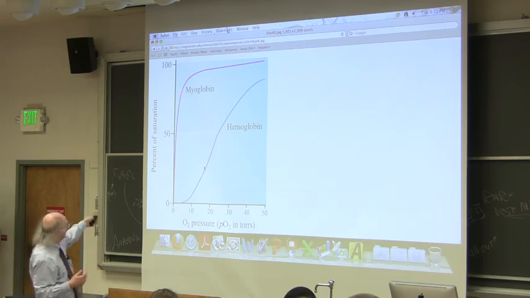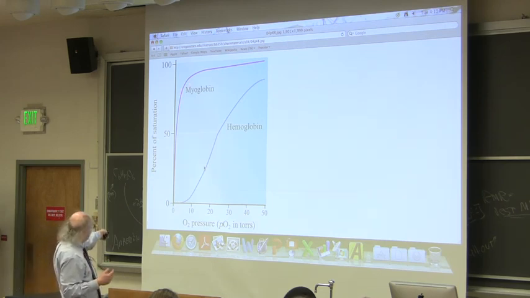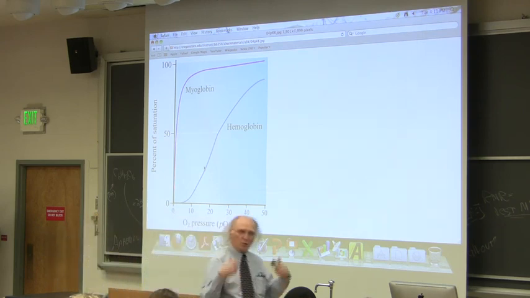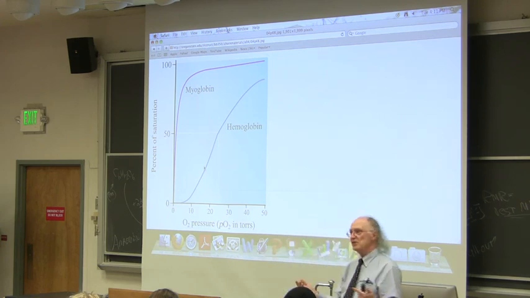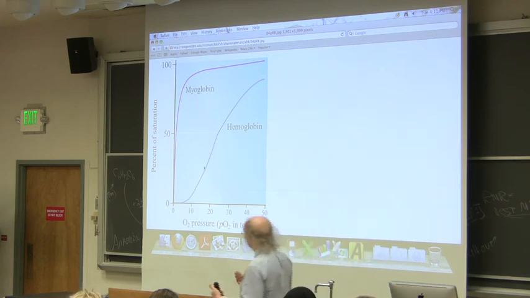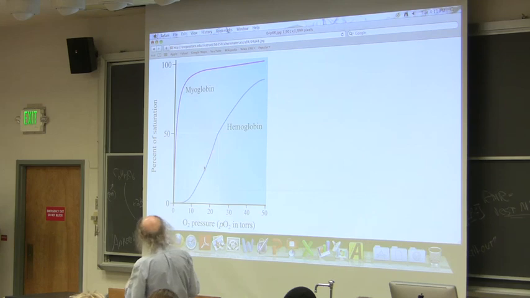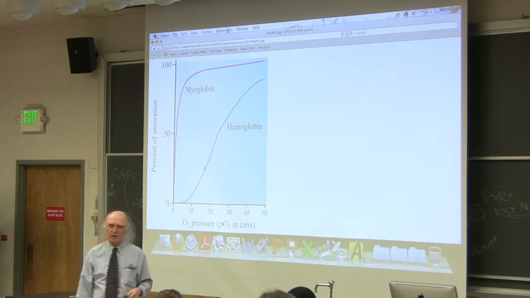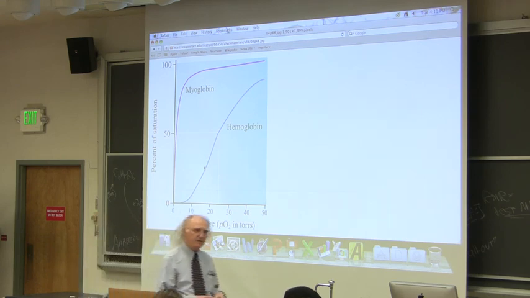When the oxygen concentration is very low, then myoglobin starts dumping its oxygen, and that's to keep the muscles working efficiently, because they work much more efficiently when they've got oxygen. Well, let's look at what hemoglobin does by contrast. By the way, this graph is called a hyperbolic graph. That's the shape of the curve.